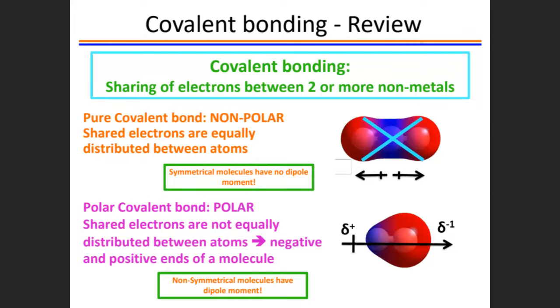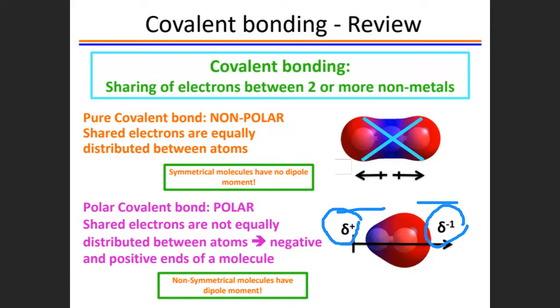We also saw that in nonpolar bonds, electrons are shared between two atoms with equal distribution, but there are some polar covalent bonds. The electron distribution is not equal, and you will see that some places have zero charge and some places have negative charge.